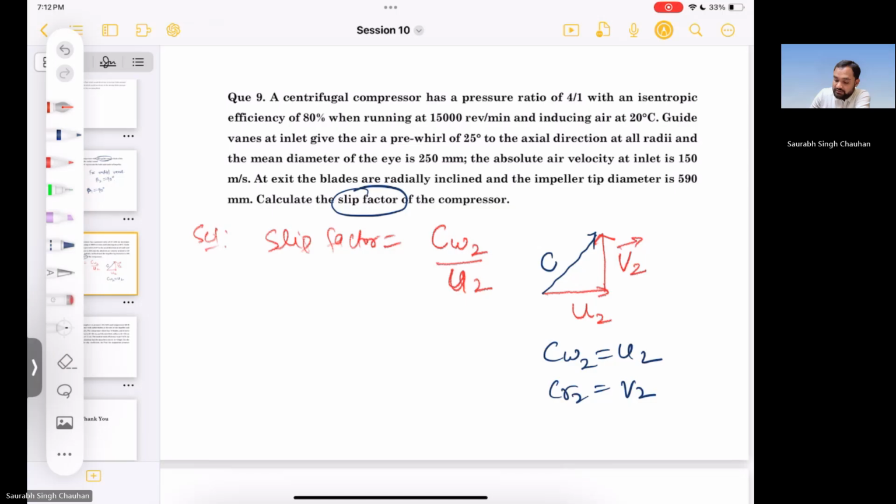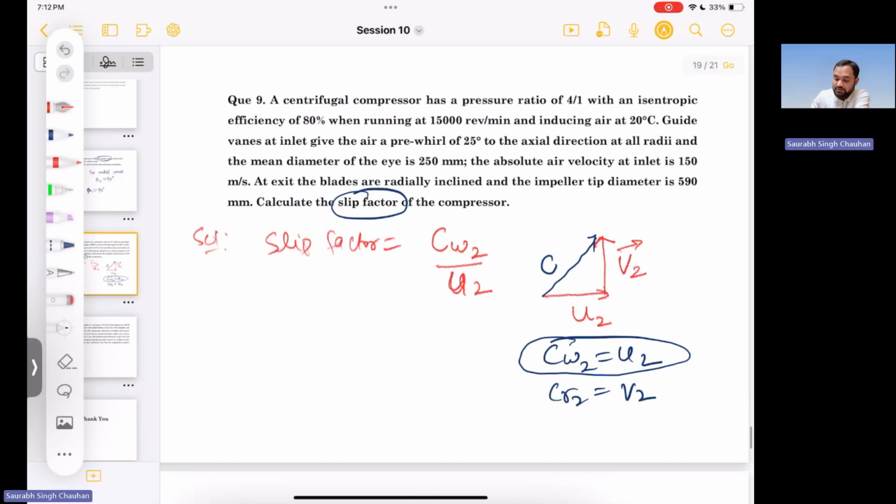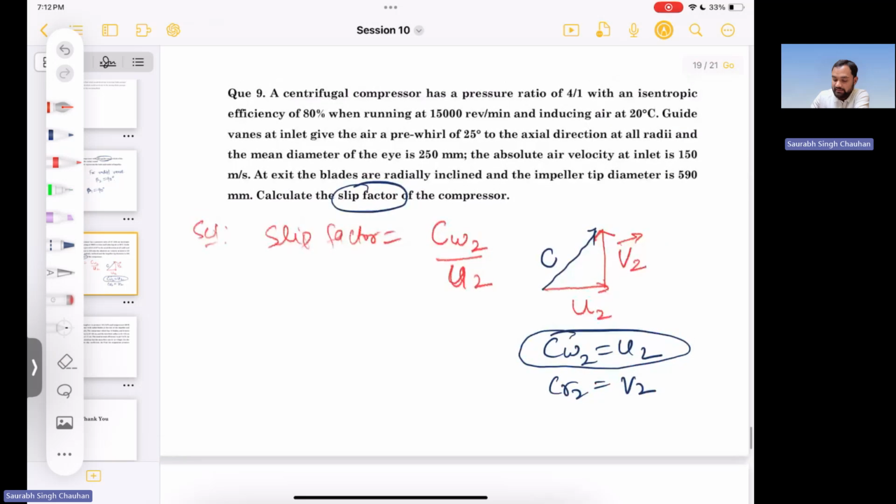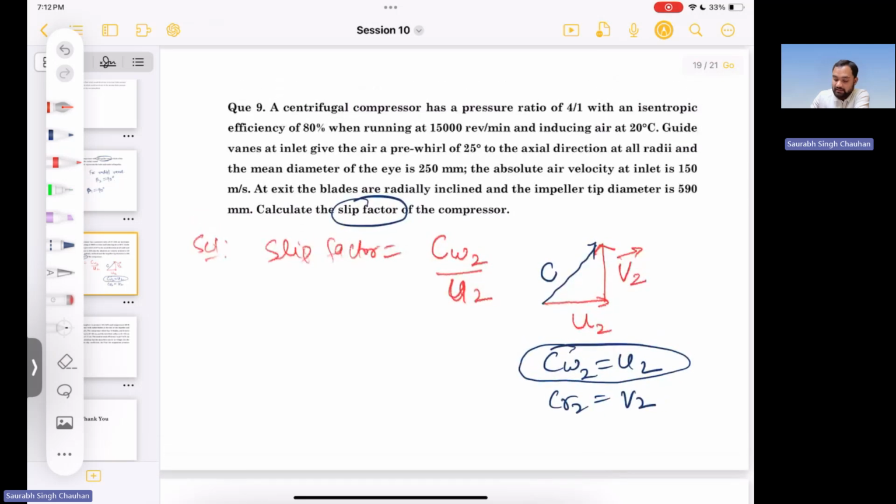Okay, so this is for the ideal case, but we know that CW2 and U2 will not be equal in the real case. For the ideal case they are equal, but in the real case they are not equal. So that ratio is defined by the slip factor. So slip factor is basically CW2 divided by U2. So how do we calculate the slip factor?